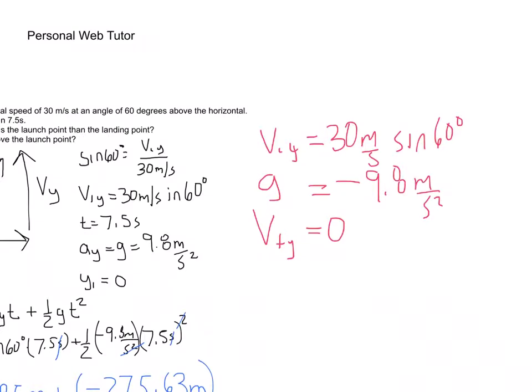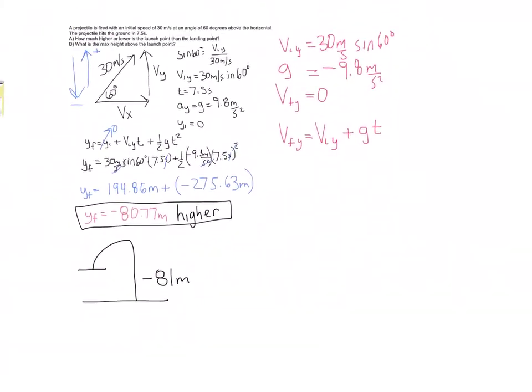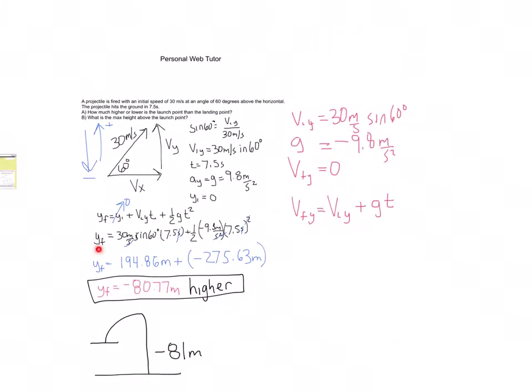So we are going to use this equation, v final in the y direction equals v initial in the y direction plus the acceleration, which is g, times t. Right after I find this t, I'm going to go back into this equation right here, and substitute in my t with my g and my initial velocity, and we'll get the y.